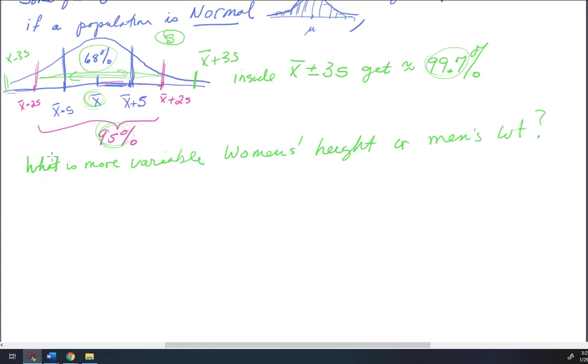And because you can't compare those directly, but because we want to compare them, we've defined the coefficient of variation, which we abbreviate CV, and which we define as the standard deviation divided by the mean times 100 in order to make it a percent.